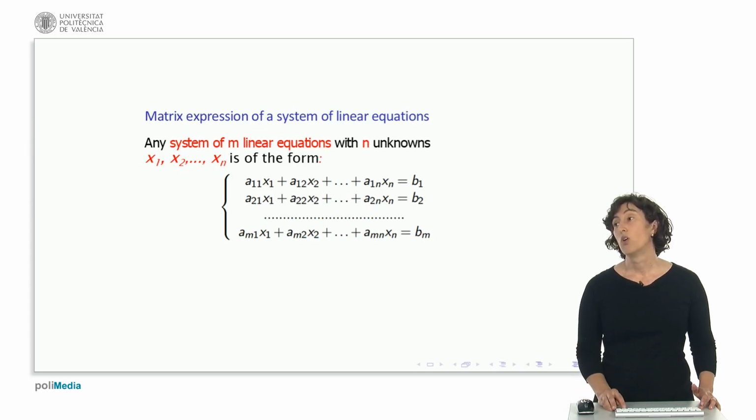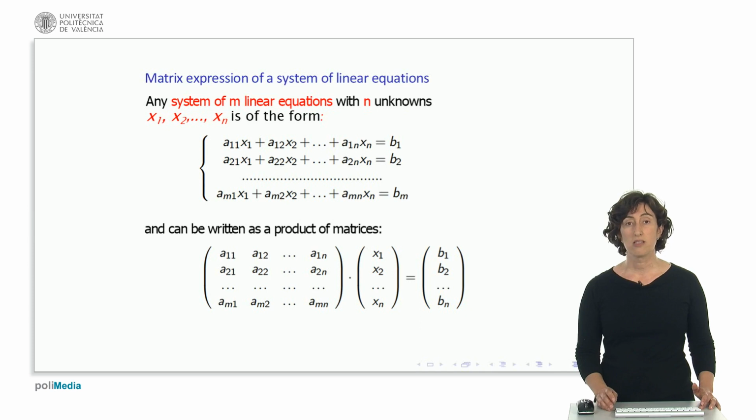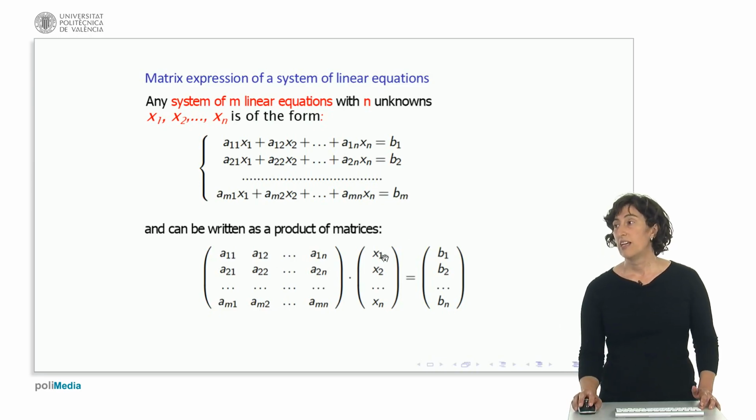Well, this system also admits an expression as a matrix product, where I put the matrix in which I only put the coefficients of the unknowns, multiplied by the vector of unknowns, equal to the vector of independent terms. As you can see, the product of this matrix by this vector, a11 times x1 plus a12 times x2 plus ... plus a1n times xn equals b1, would give me the first equation.